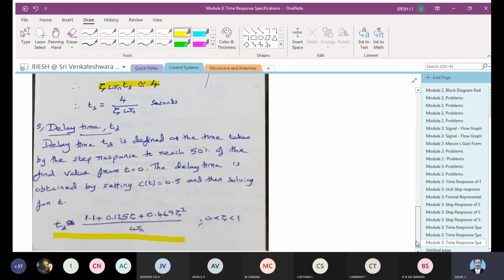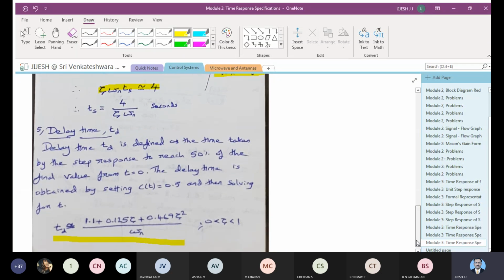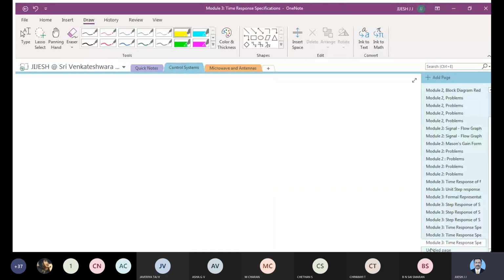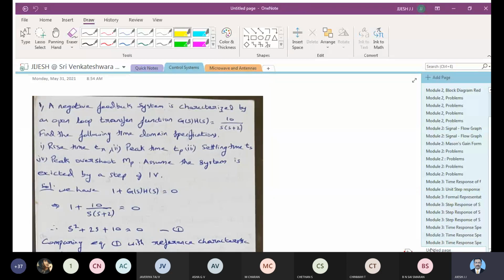So this is what we have seen about delay time and settling time, then peak time, and maximum overshoot, all those things. We will go further. We have to solve this problem.